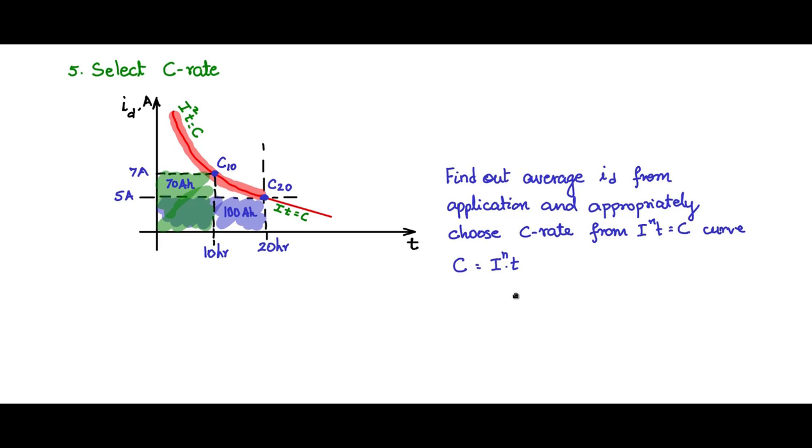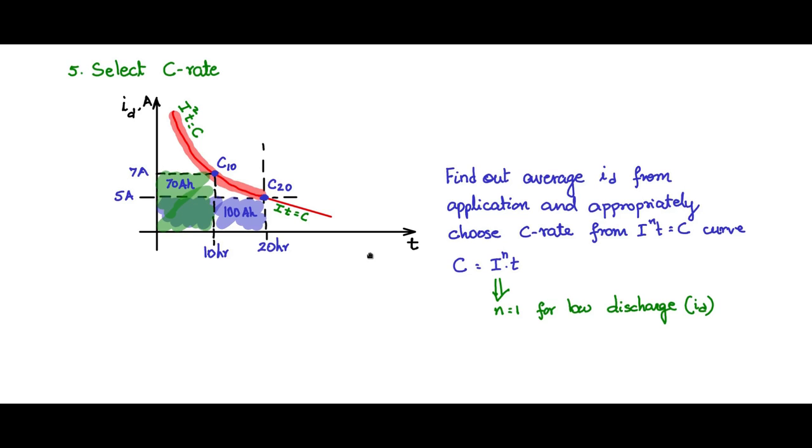So n is a varying quantity, so we say n is equal to 1 for low discharges. ID is low, so here we have used n is equal to 1. So at low discharge currents we have C is equal to I into T, simple ampere hours.